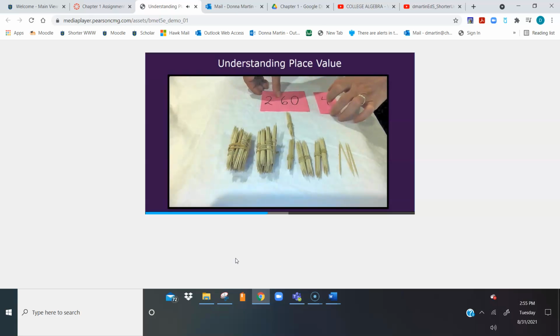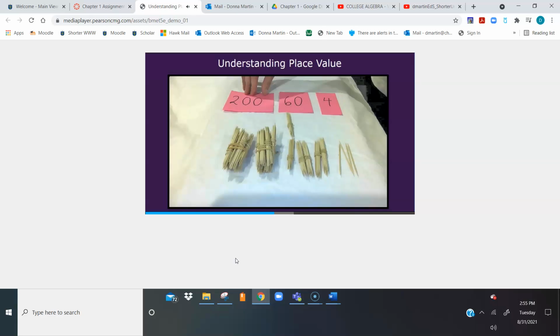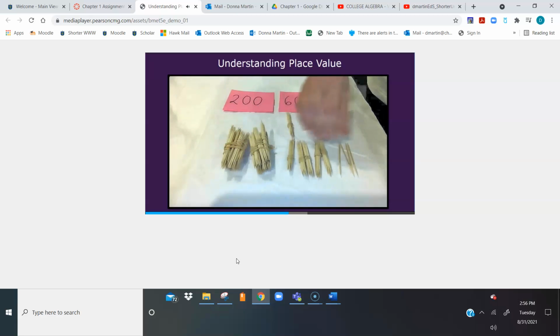And notice, if I pull this number apart into its place value parts, I can really see how the 2 hundreds correspond to that part, the 6 10s correspond to this, 60, and the 4 ones correspond to the 4. So this is showing the number decomposed into its place value parts and how these parts fit exactly with this bundling idea.